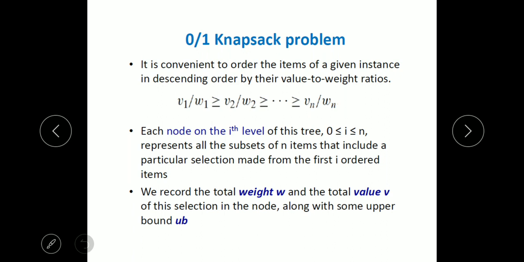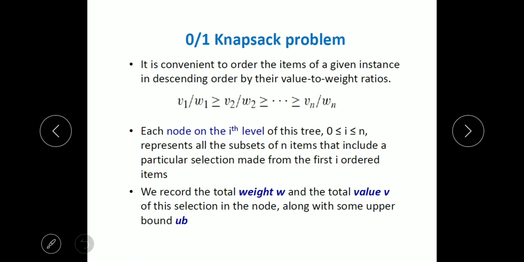A branch going to the left in the state space tree always indicates the inclusion of the next item, while a branch going to the right indicates an exclusion. Please remember this. A branch going towards the left represents inclusion, and a branch going to the right indicates the exclusion of the element.